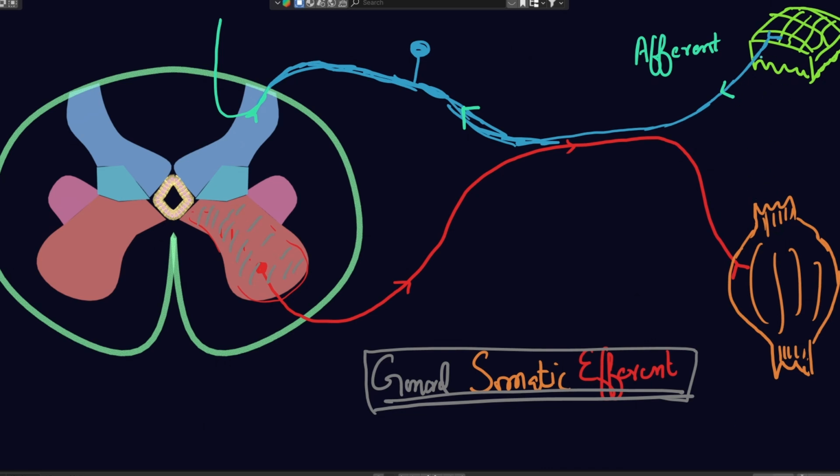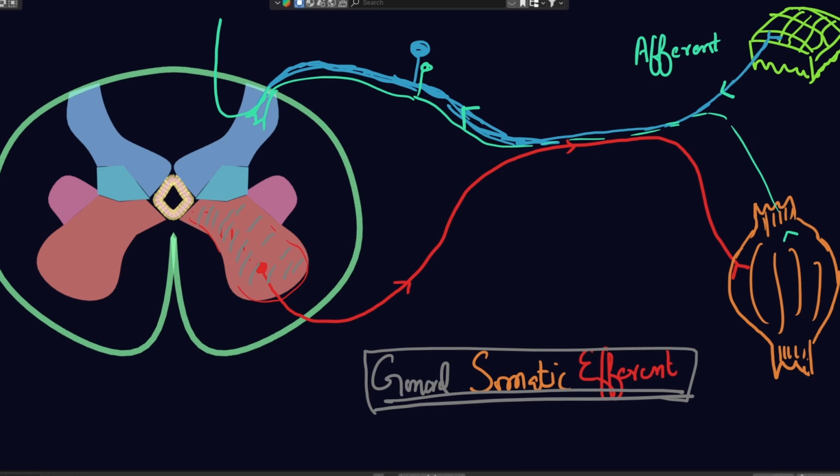So there may be another similar neuron taking information from the muscle, like this, and it will also become part of this, for example proprioception information. So anyhow, this is afferent and it is taking information from the muscle.